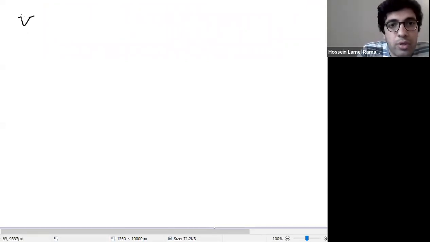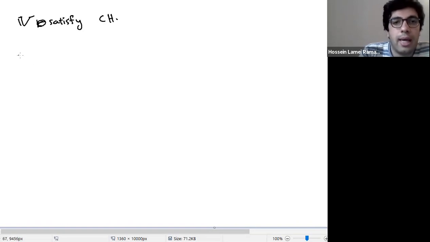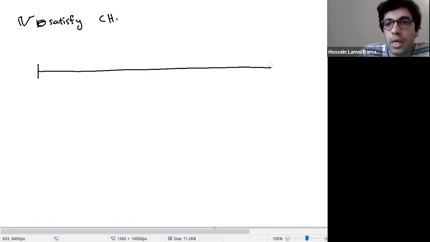We start from V, which is going to satisfy CH, and then this is the iteration P. So this is the P we want to talk about. The first instance is just Q. We add the tree, and after the first step, we just put ELs and SLs.